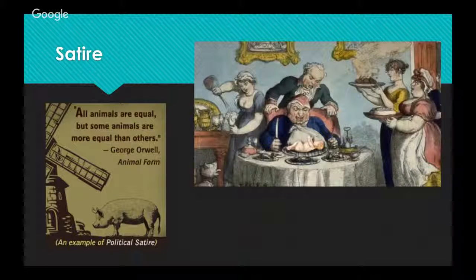So it would provide double duty in the fact that we would be full because we would eat our children and we wouldn't have an extra mouth to feed. So again, it's making fun of the ways in which the government was handling poverty.